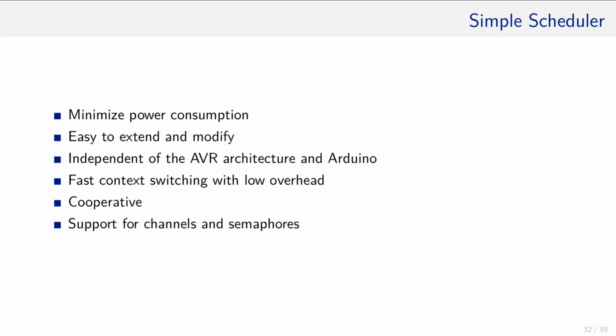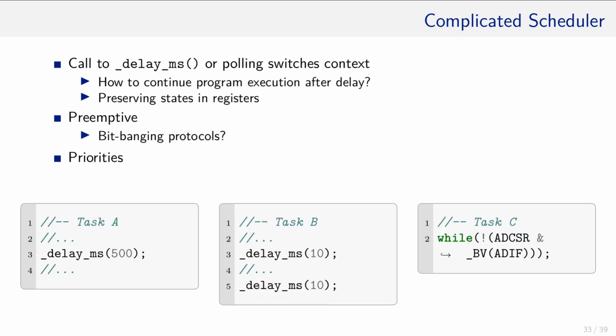For the reasons explained in the previous quiz, we prefer a cooperative scheduling policy. The software developer has to make sure that the tasks behave nicely and play a fair game. Preferably, semaphores and queues are already built in. All those wishes make the scheduler already complex.